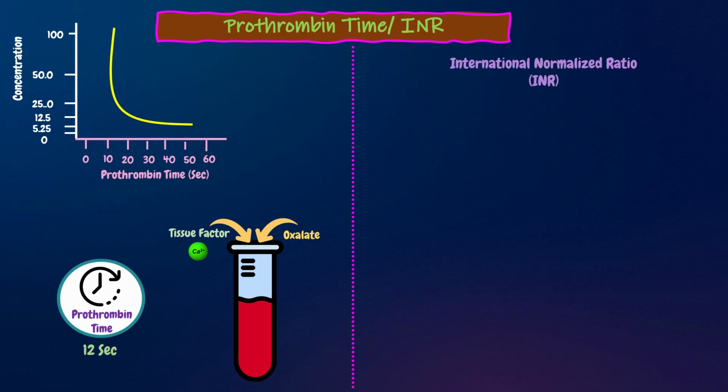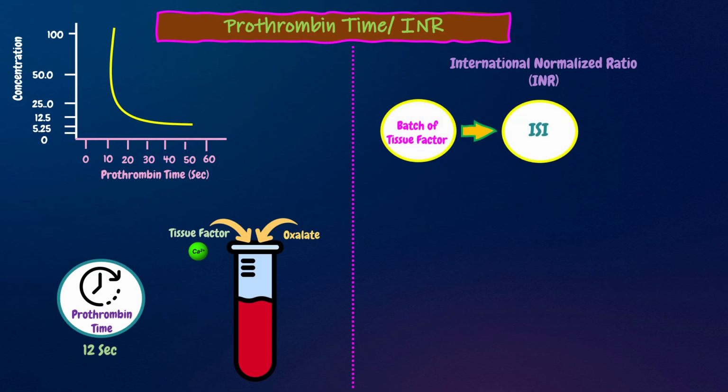Moving towards the international normalized ratio. The international normalized ratio was devised as a way to standardize measurements of prothrombin time. For each batch of tissue factor, the manufacturer assigns an international sensitivity index, which indicates the activity of the tissue factor with a standardized sample.